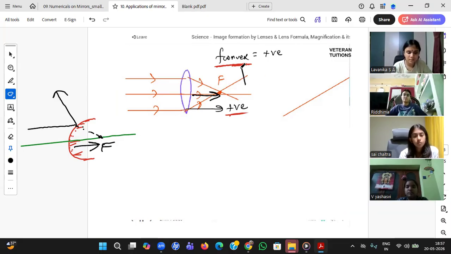So please just remember convex positive, convex positive, whether it is a mirror or a lens. Don't remember the next word, only convex positive.